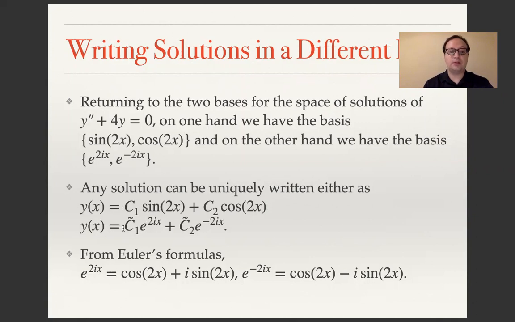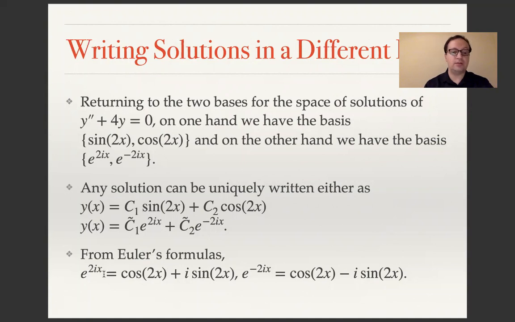And on the other hand, with a different pair of constants, you can write it as c1 tilde e to the 2ix plus c2 tilde e to the minus 2ix. So let's try to compute one pair of constants as a function of the other. Let's write e to the 2ix as a function of sine and cosine.